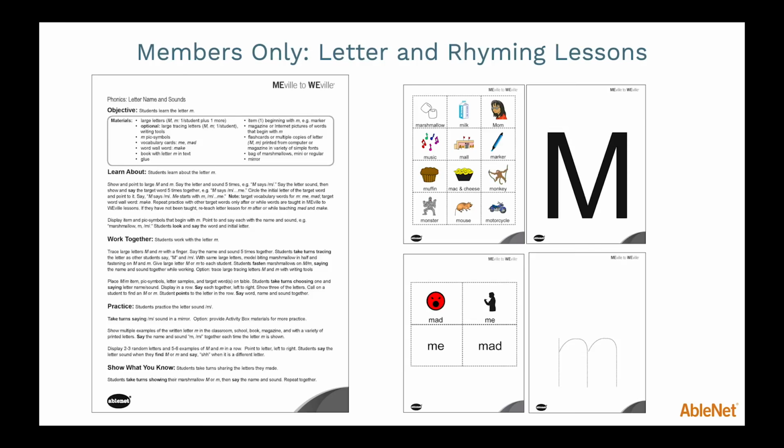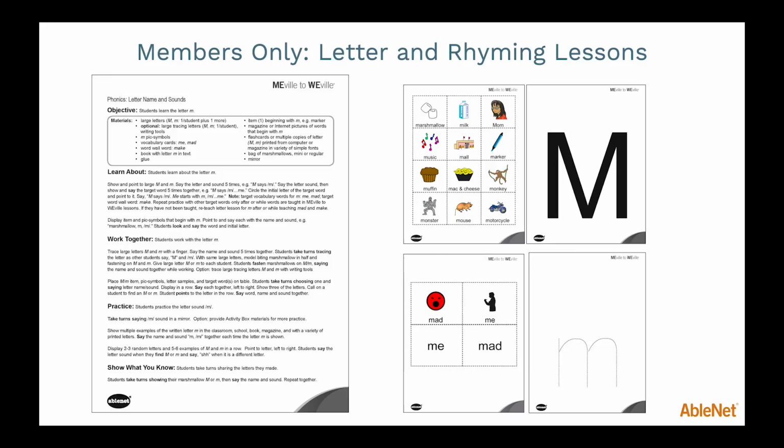Find the introduction to the letter lessons, letter lesson materials, small letter cards, and printable large letters for tracing in the lessons folder in the members-only content. You will find a similar set of materials for rhyming lessons.